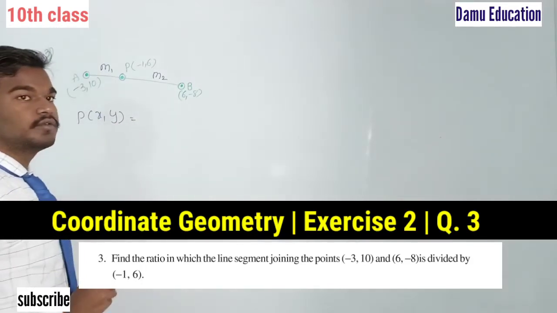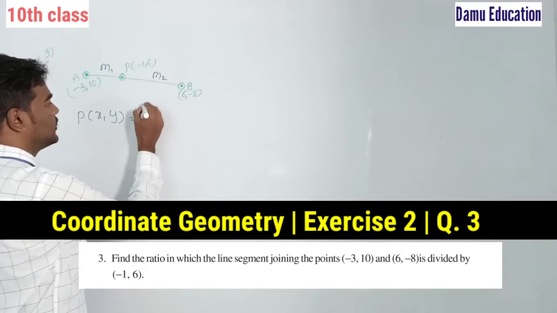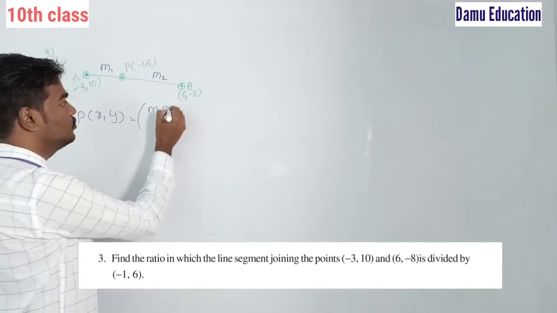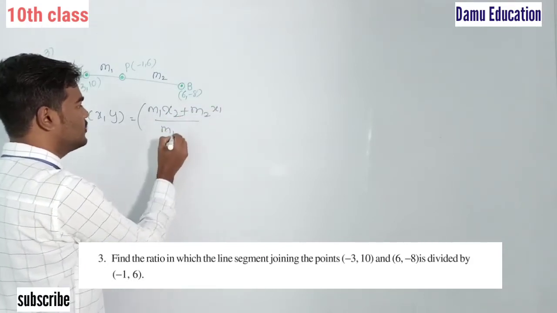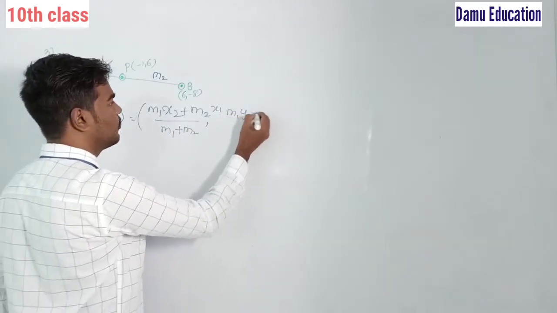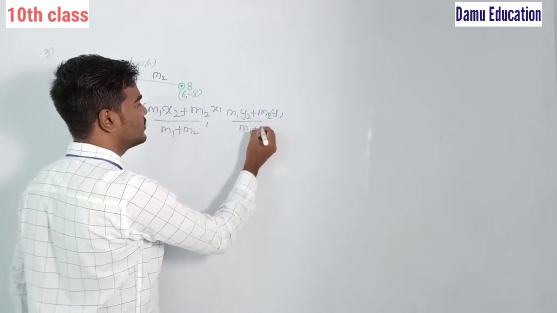We know the formula for the dividing point: m1 x2 plus m2 x1 by m1 plus m2 comma m1 y2 plus m2 y1 whole divided by m1 plus m2.